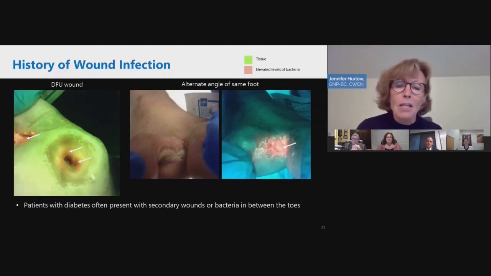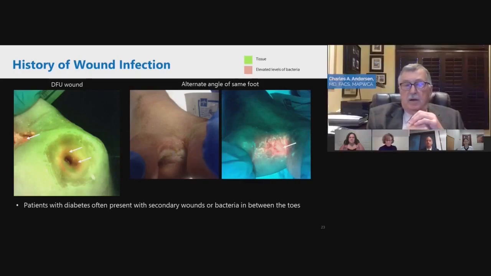Then closer evaluation showed an area of maceration and a wound. I would not have noticed that because clinically there were no signs of acute infection. It was simply maceration, no drainage. But the MolecuLight helped me to really prevent a new problem. Just a comment on that.